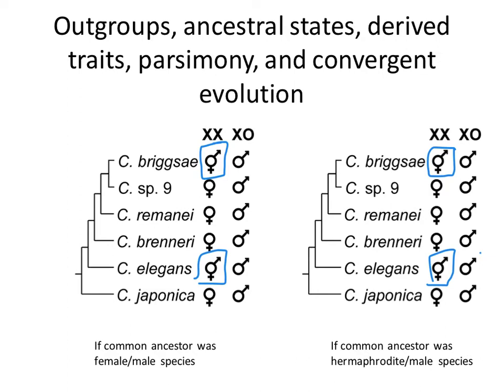So what I'd like you to do is, using parsimony, figure out if the common ancestor in the tree was either a female or a hermaphrodite, where on this tree would changes from nematodes that have females in their populations to nematodes that have hermaphrodites in their populations, where on those branches of the tree, where would that trait change have occurred?